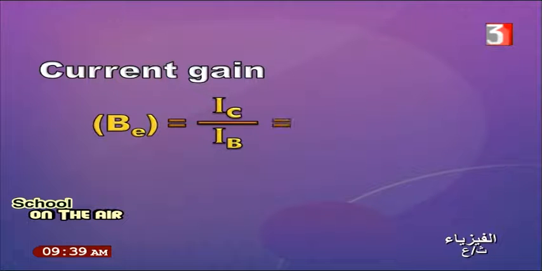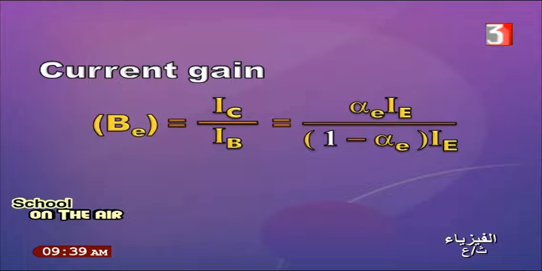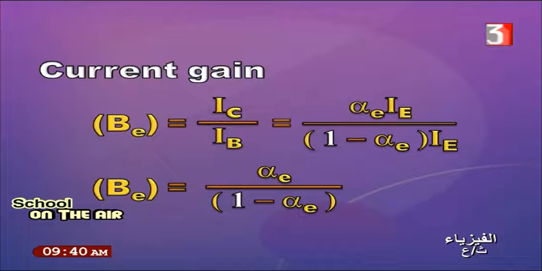The current of the collector is alpha E times the current of the emitter, and the current of the base is 1 minus alpha E between two brackets times IE. Of course, IE will be cancelled out. So current gain, and you'd better memorize this, it is very important in solving problems, equals alpha E over 1 minus alpha E.